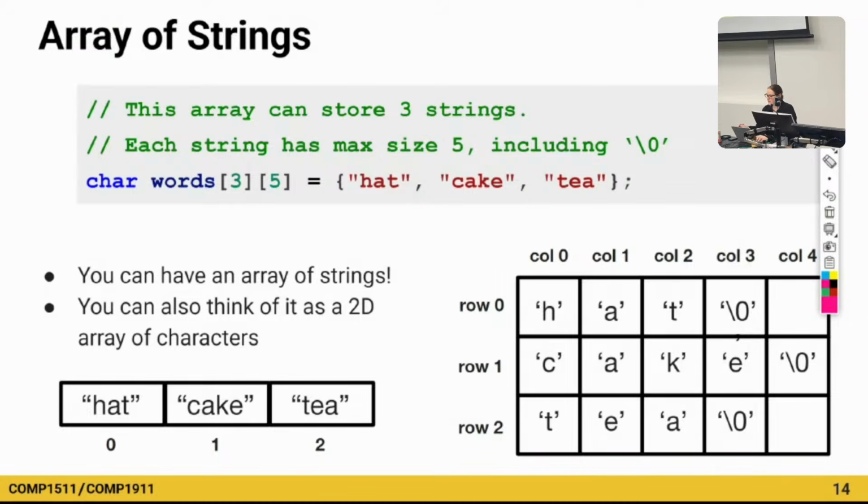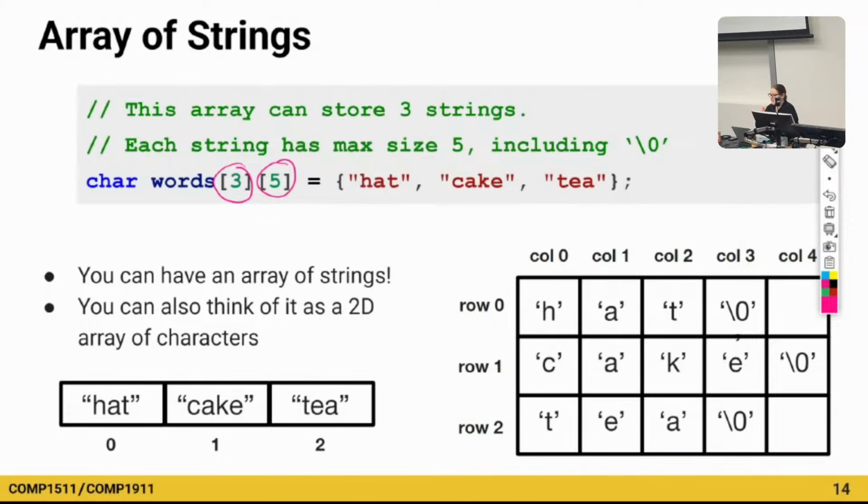In this case, this dimension is saying this can store 3 strings. And this dimension says each string has a maximum size of 5, and that's including the null terminator. So basically, I can store 3 strings with max 4 characters in them each.